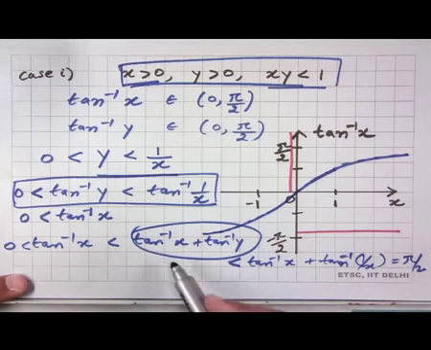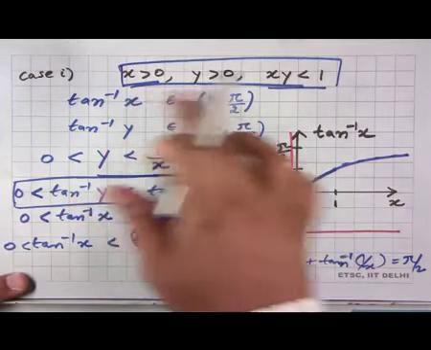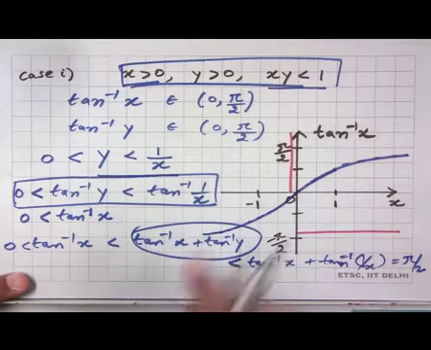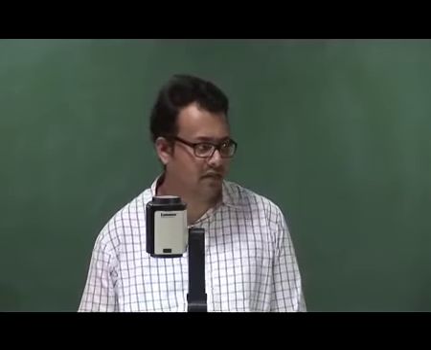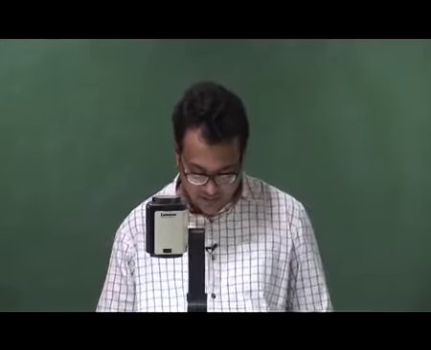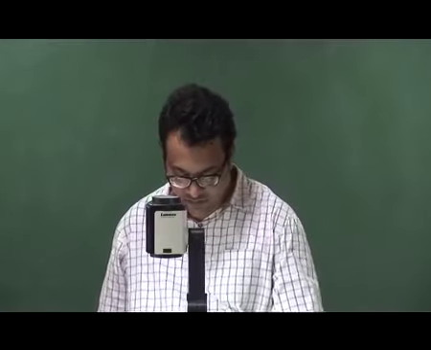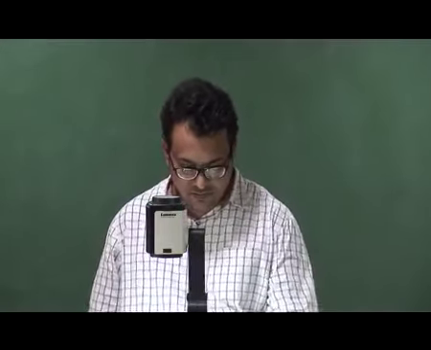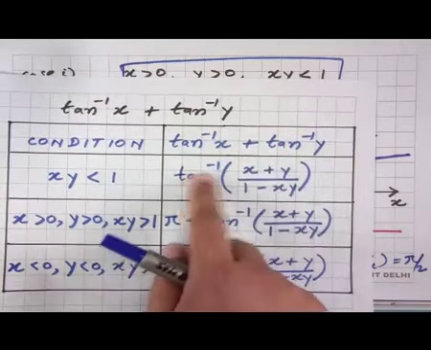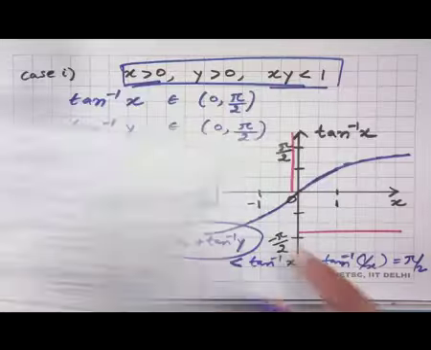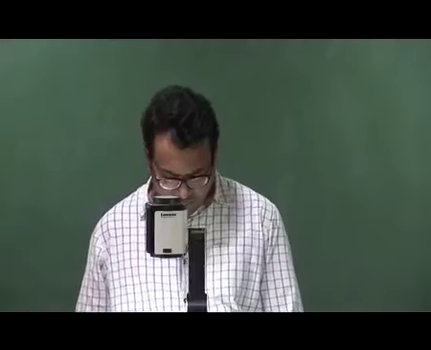So, essentially when x and y satisfy this condition, the value of tan inverse x plus tan inverse y belongs to the range set of tan inverse, and therefore, because they belong to the range set of tan inverse, tan inverse x plus tan inverse y will be equal to this.